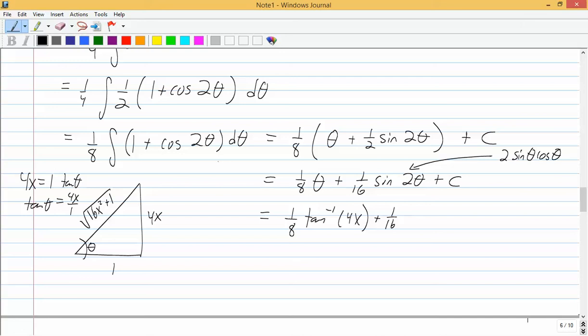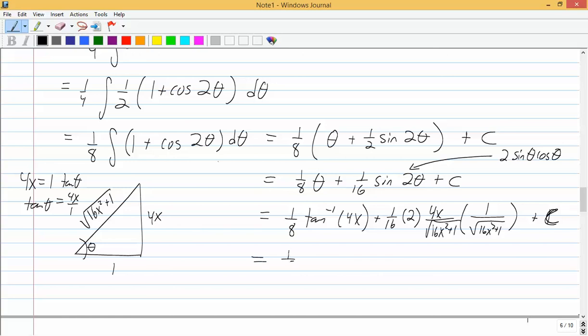Alright, so that's going to be 2, what's sine of theta? Opposite over hypotenuse. So 2 times 4x over the square root of 16x squared plus 1 times, what's cosine? Adjacent over hypotenuse, plus c.